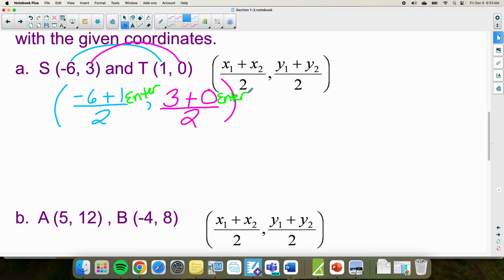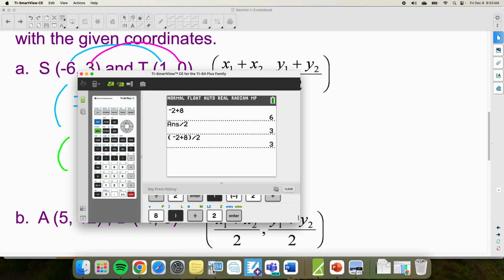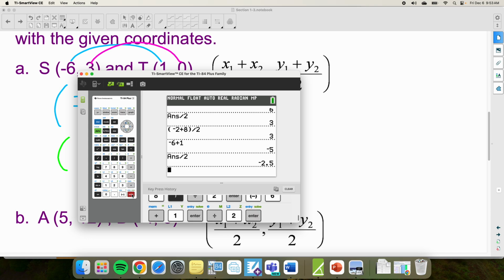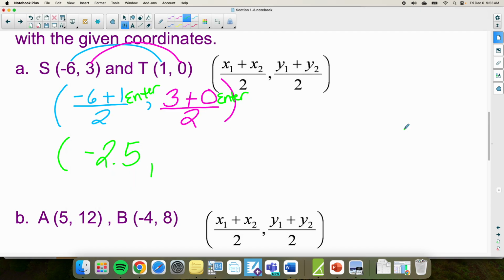When you get your answer here, it depends on your calculator. When you guys are using the ones from the brown bin, when you typed this in, did it give you -2.5? Yes. Okay. If you used a graphing calculator and we did -6 plus 1 enter divided by 2, that gives you a decimal.